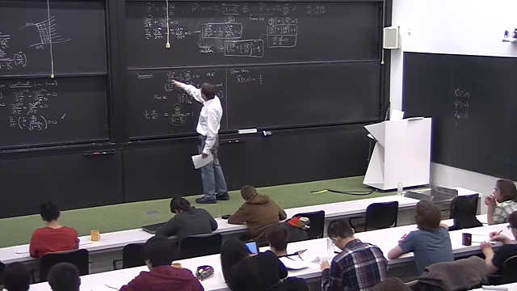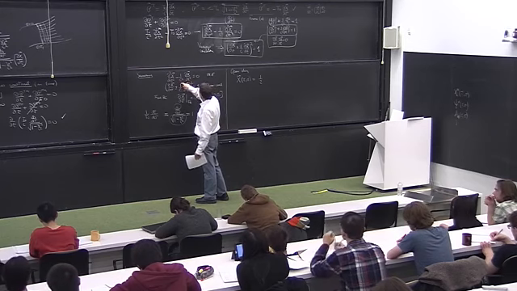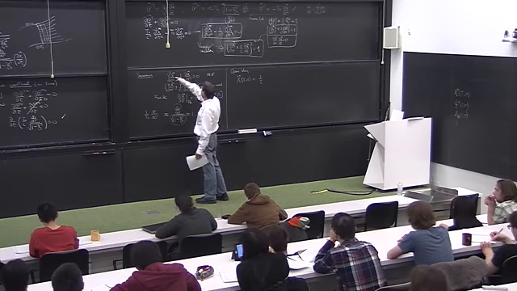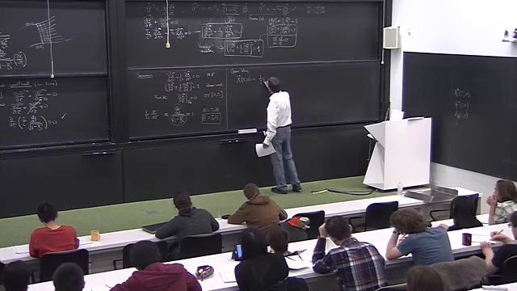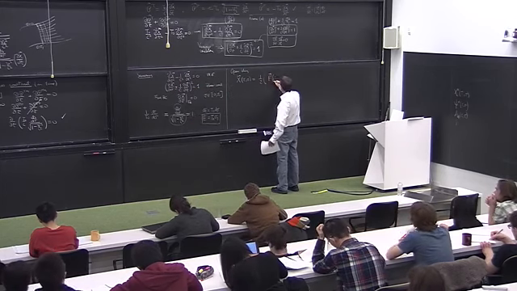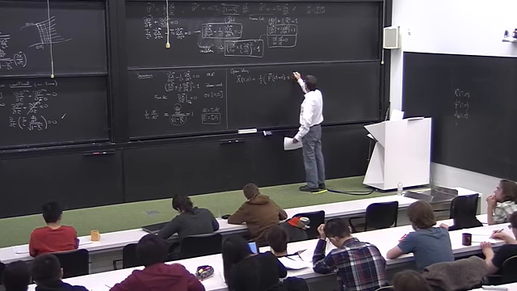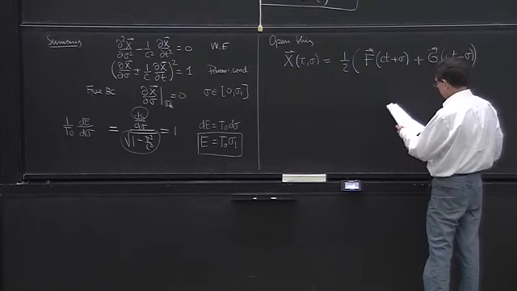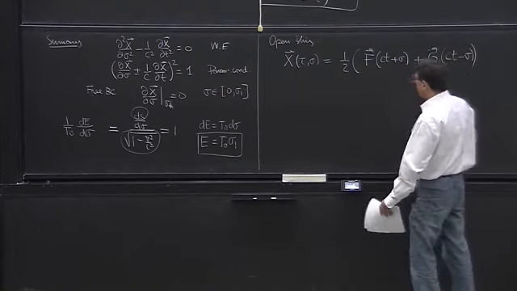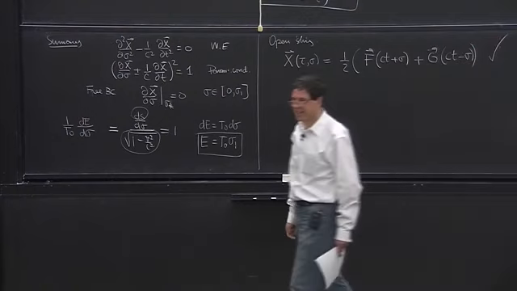It's functions of ct plus sigma and functions of ct minus sigma. So those solve it: an arbitrary function moving to the right plus an arbitrary function that moves to the left. Wave equation solved. That was easy.